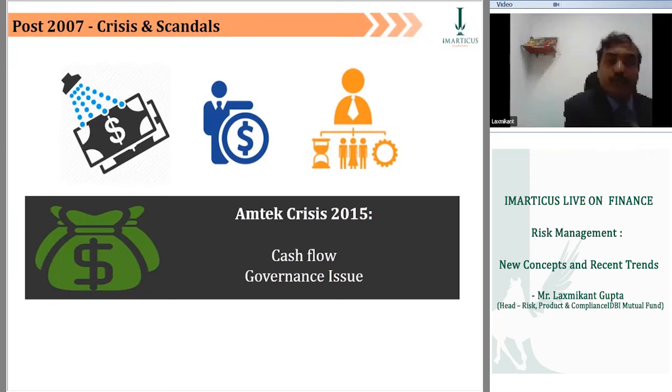This led to a trust deficit vis-a-vis the credit rating agencies, even to some extent vis-a-vis mutual fund fixed income portfolios, as well as of course vis-a-vis corporate governance issues. With the credit rating agencies, the biggest challenge is that there is a very thin line between solvency risk and liquidity risk, and hence credit rating agencies always face this challenge.